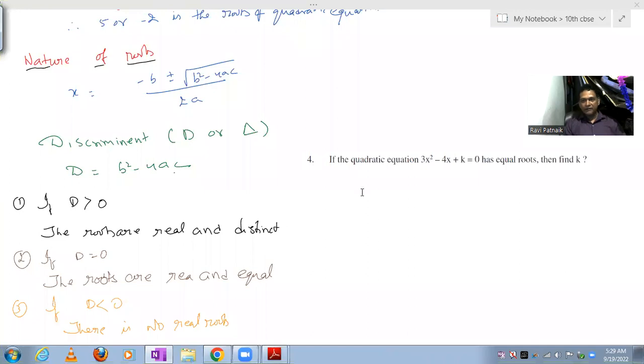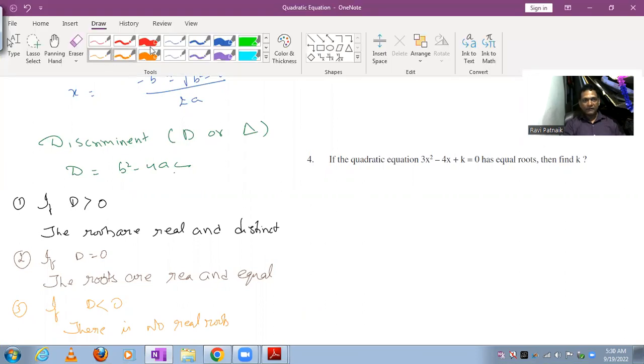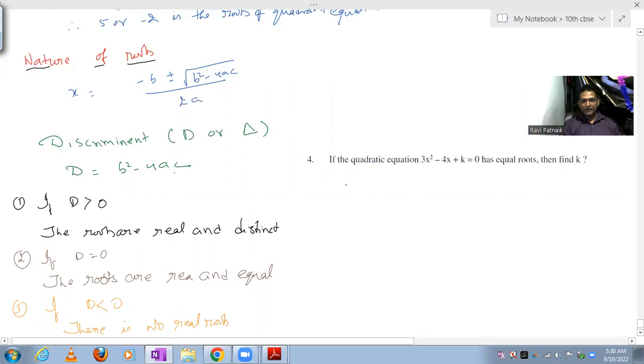So the quadratic equation is given, and he told that if the quadratic equation 3x squared minus 4x plus k has equal roots. So the given quadratic equation is 3x squared minus 4x plus k is equal to 0.